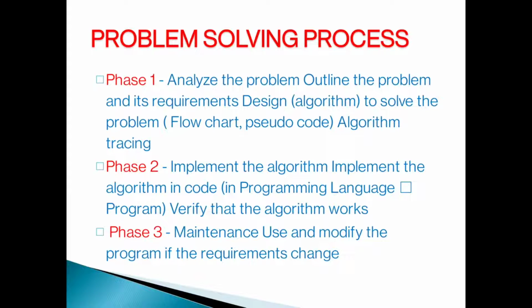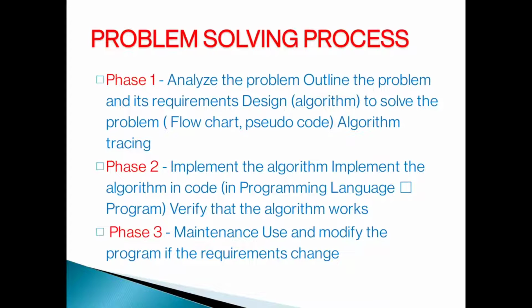Next, how do we process the problem solving? It consists of three phases. First phase is to analyze the problem, outline the problem and its requirements. That includes design of the problem, and that consists of flowchart and pseudocode, etc. The second step is we have to implement the algorithm.